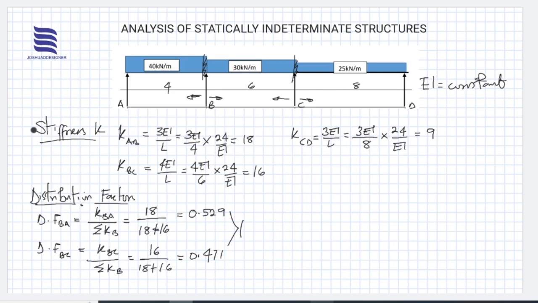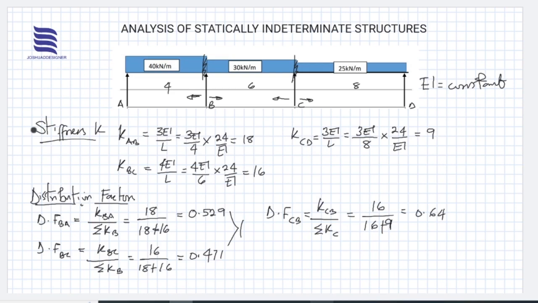So going forward now, the distribution factor of CB will be stiffness of CB divided by the summation of stiffness at C. So that automatically would give us 16 divided by 16 plus 9, which gives 0.64.